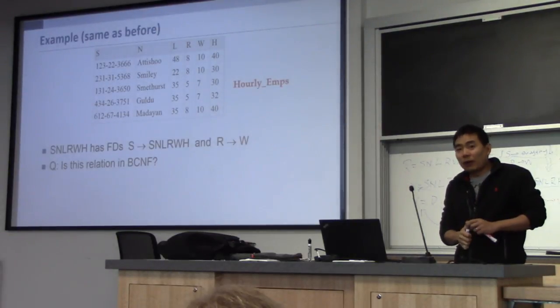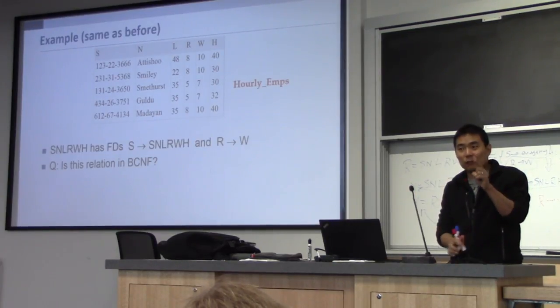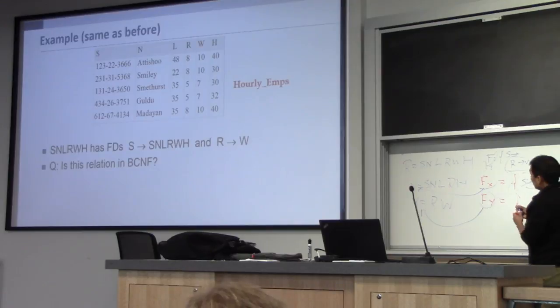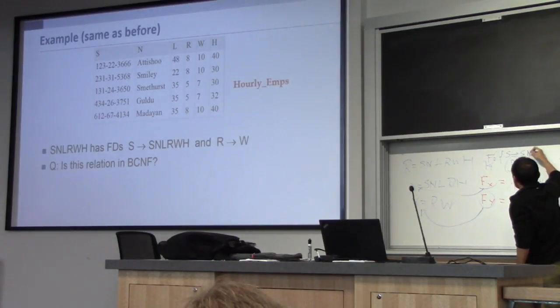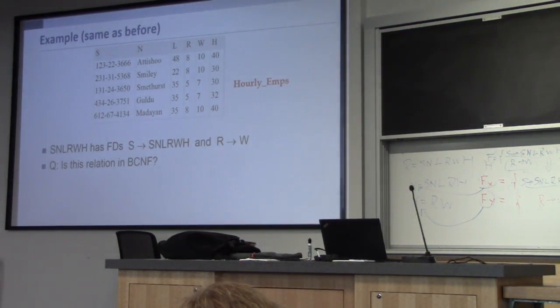You have to be a little bit careful in what you claim. What is missing, if you think about it? Let me be extremely clear on this. The unknown dependency is this. Using Armstrong's axioms, this is equivalent to what?